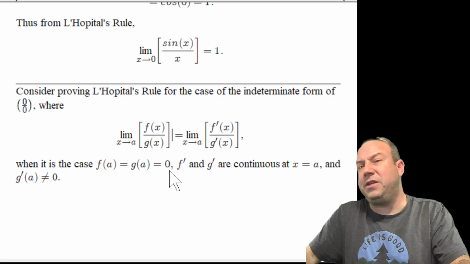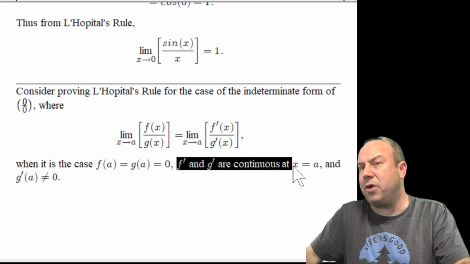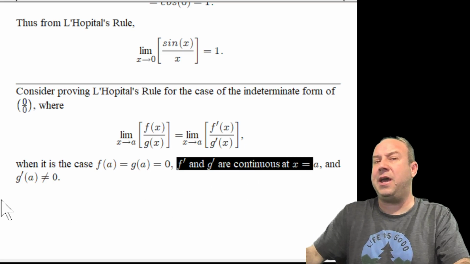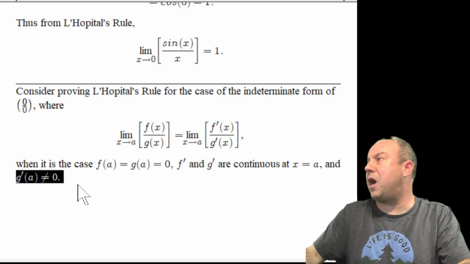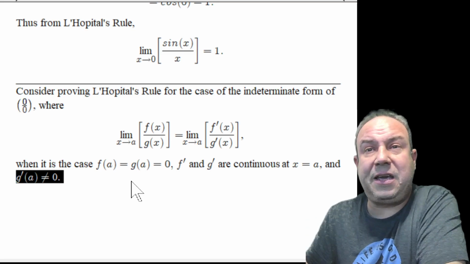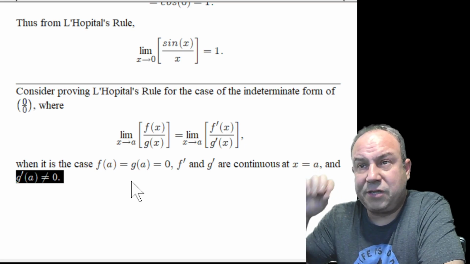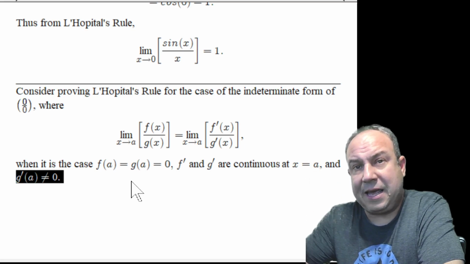Right? As we noted also above in the conditions for the rule, f prime and g prime must be continuous at x equal to a, and in the end, g prime of a is not allowed to be equal to the value of 0. G prime of a equal to 0 will end up yielding an undefined result in the end. All right.